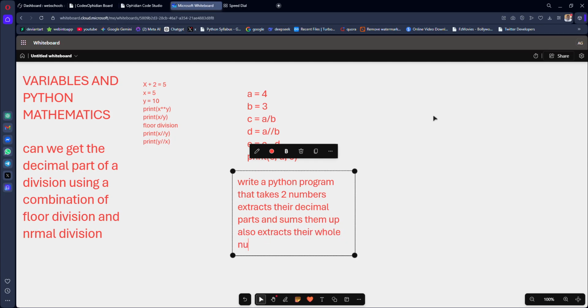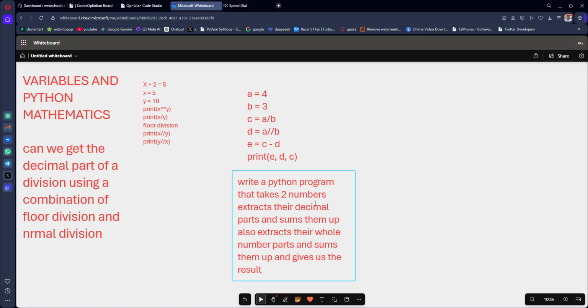Also extracts their whole number parts and sums them up and gives us the result.